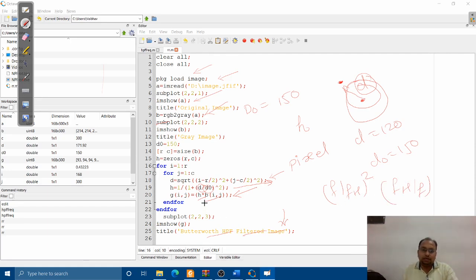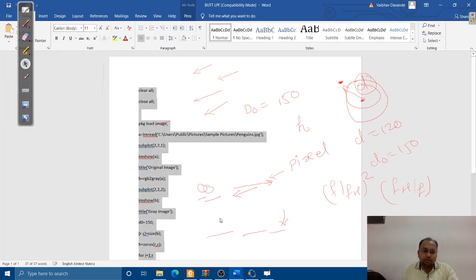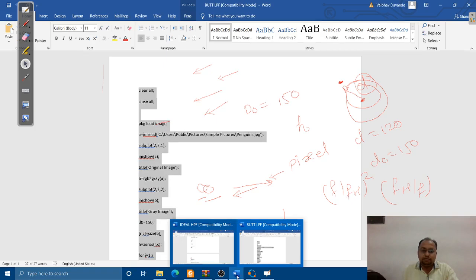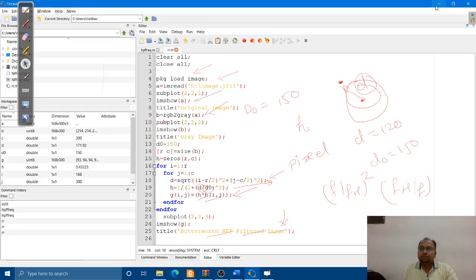Let me check whether it is a high pass filter or low pass filter. I think I'm getting confused. Yes, it is a low pass filter actually, sorry. Butterworth low pass filter. Fine, so this is nothing but a low pass filter.